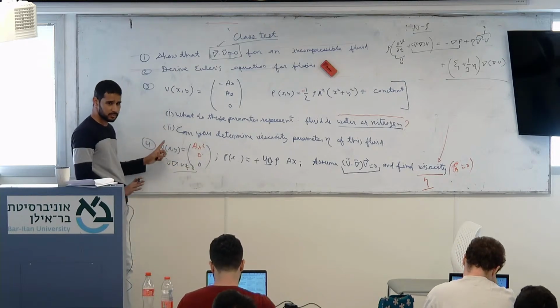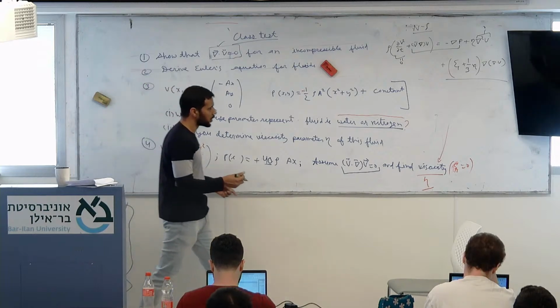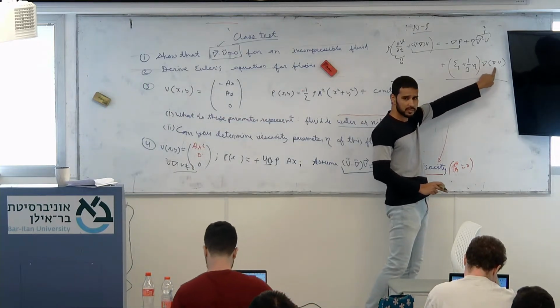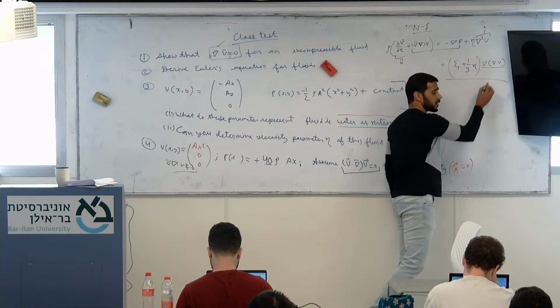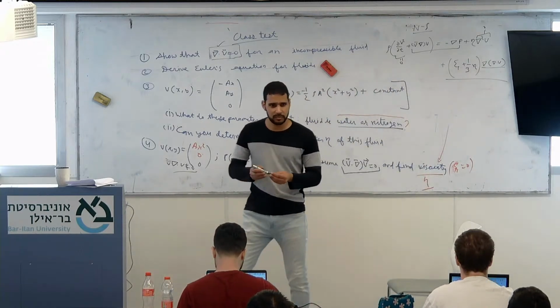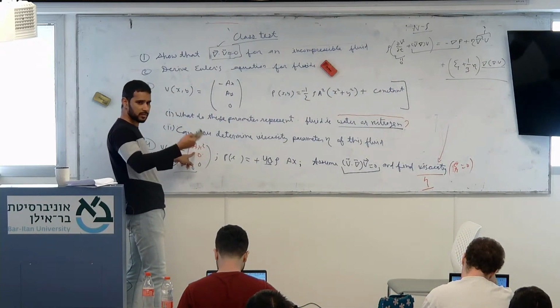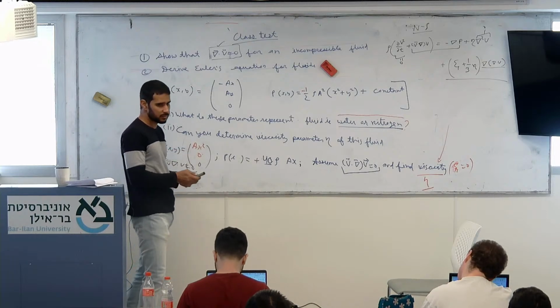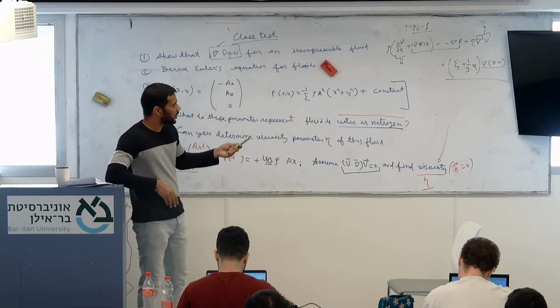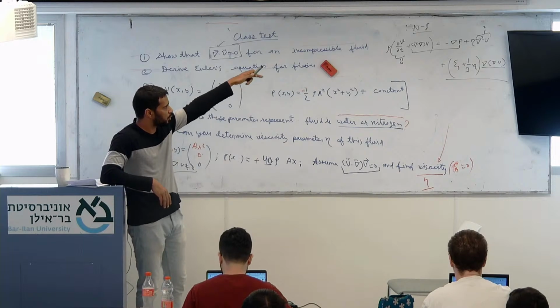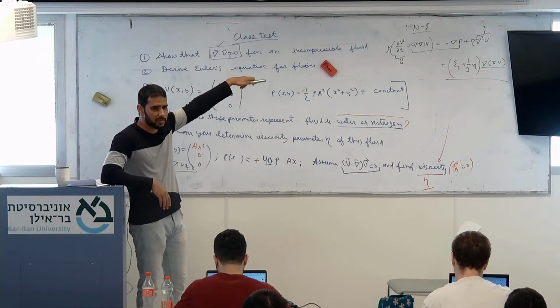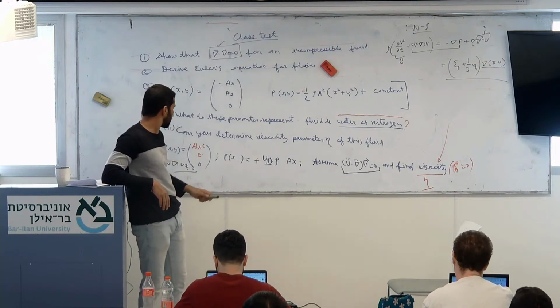Okay? That's an important point. So this term is non-zero. Okay? But if you take a gradient of that, it is still 0. But anyway, I just want you to use the first incompressible terms. Okay? That was important.